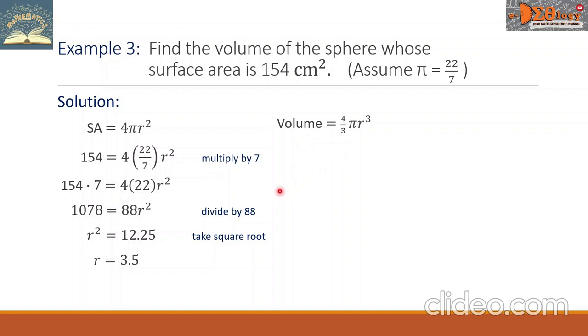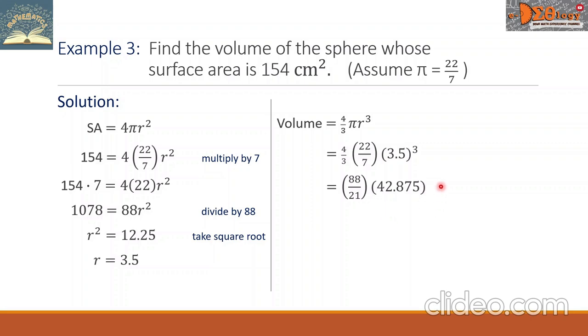Let us substitute the value of the radius as we derived here. So we have 4 over 3 times the pi, 22 over 7, times the cube of the radius, 3.5. Simplifying the fractions, 4 times 22 is 88 over 3 times 7, 21, times the cube of 3.5, that is 42.875.